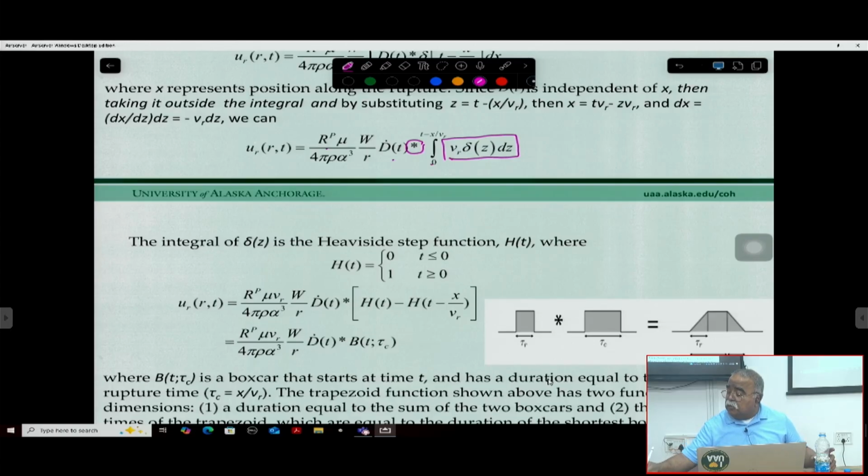So if you do this calculation, this convolution operation, we will be using that this is a delta function dg over a time. So H(t) equals, if I do the integral of delta g, it becomes a Heaviside step function. So that will be equal to less than 0 and greater than 0. So this is your D dot t up to this much. It is all okay. This much is only here. So that part is fine.